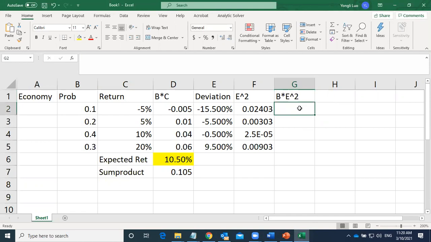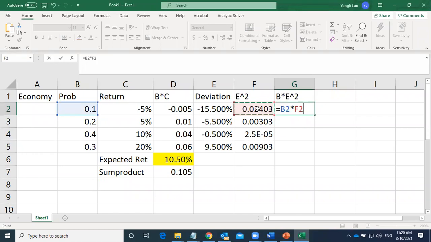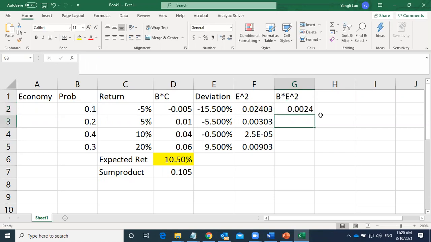Because you already have column E squared, you just need the probability times the squared deviation. That's the last column you see, and then you apply that formula.